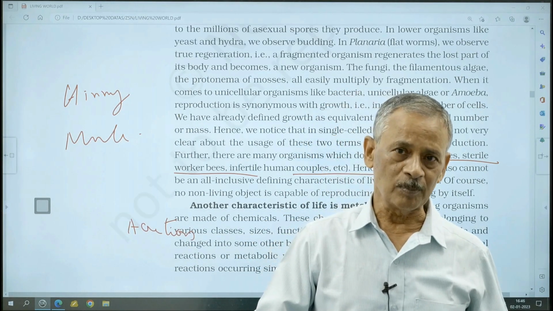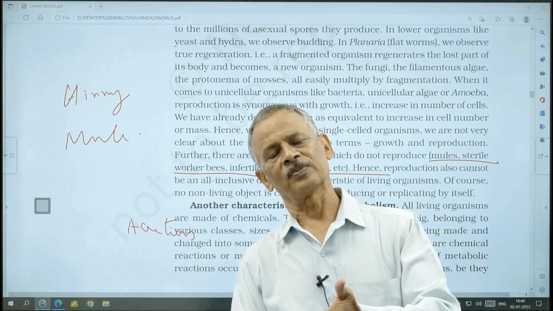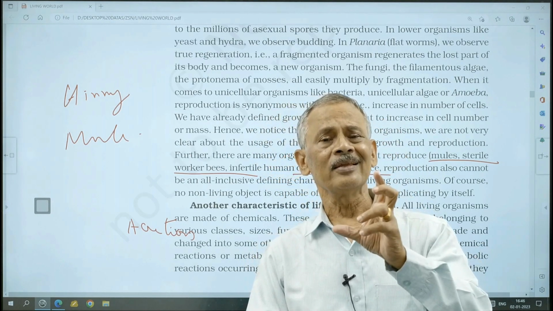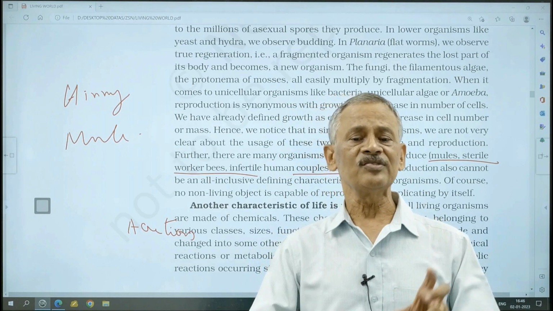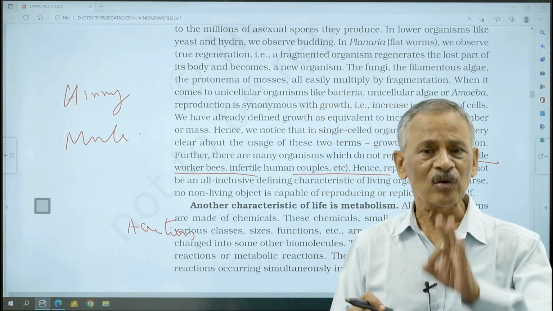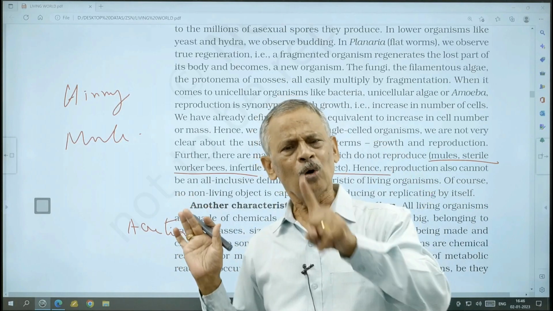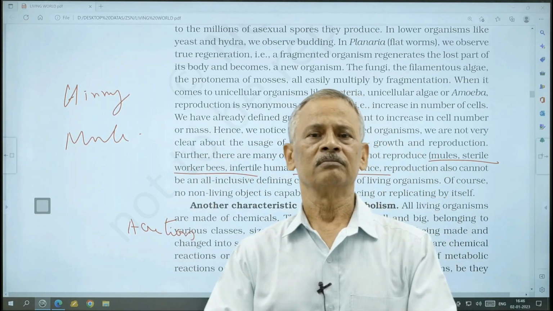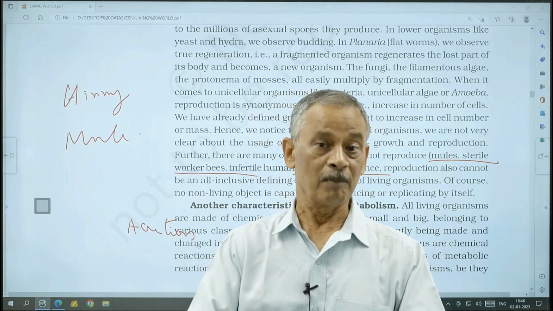It is present in plants, it is present in animals. So metabolism is the life-sustaining biochemical activities occurring in the body of a living thing. Only in the body of a living thing you will be having metabolism going on. That part we agree.